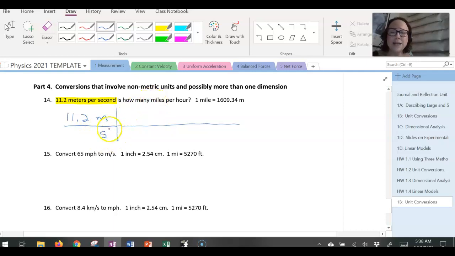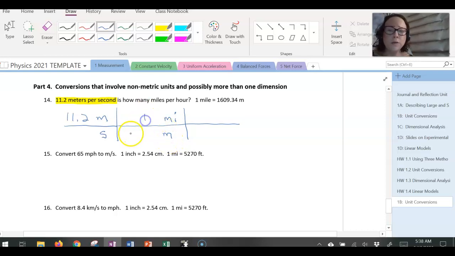And I want to take the time dimension, seconds, and convert it to hours. Okay, so they're giving me here the conversion from miles to meters. And I need to put it so that meters is on the bottom of my fraction bar and miles is on top. By the way, notice that I'm using the symbol MI to represent miles because I use M to represent meters. We don't want to confuse them.